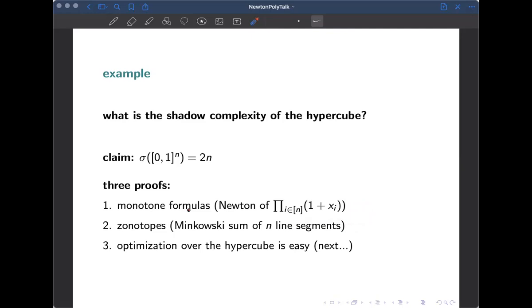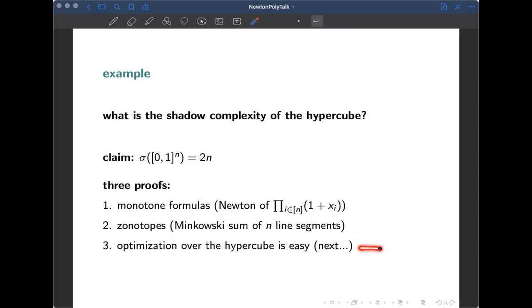This specific family of polytopes, zonotopes, is particularly easy to understand in many cases. And also in this case, the fact that the hypercube, the solid cube, is the Minkowski sum of n perpendicular line segments. The perpendicular is not important, just the fact that it's a sum of n line segments gives us an upper bound again of 2n. So this is a geometric perspective.